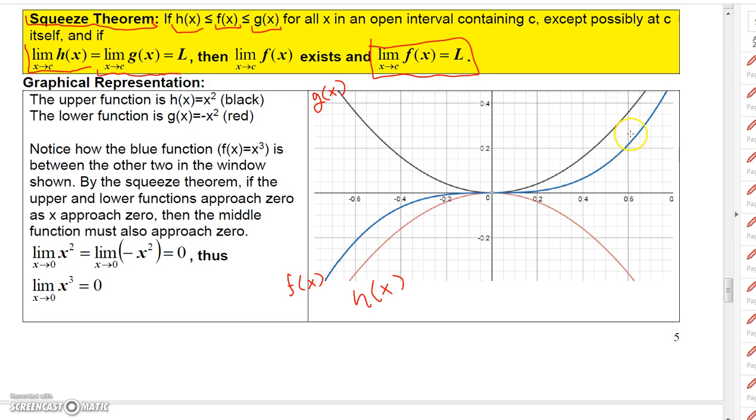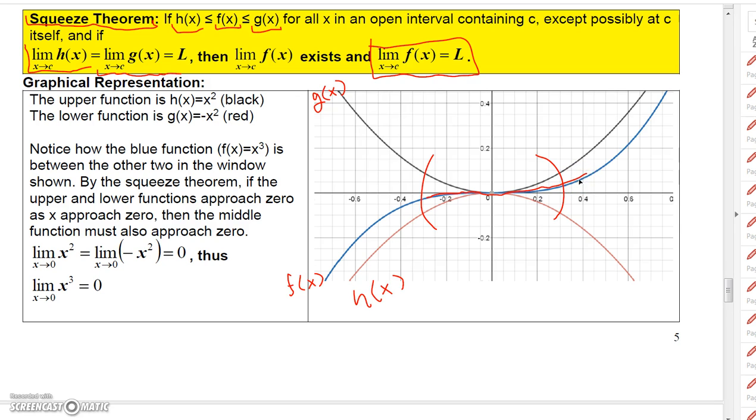But if you look at an interval about 0, because I want to focus on 0 here, you notice there's an interval around 0 where this blue function lies completely within the bounds of the black and the red function.